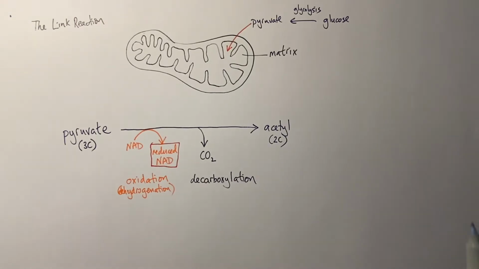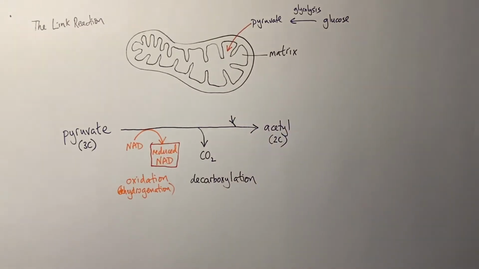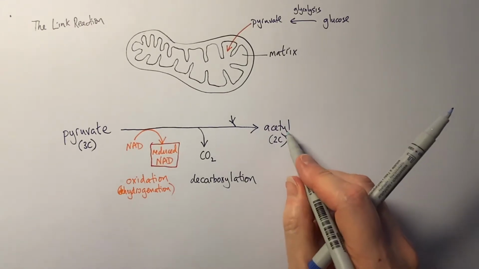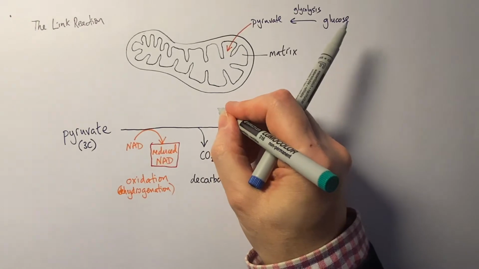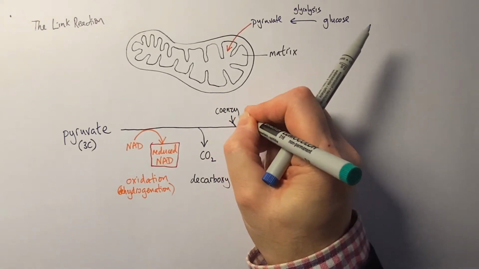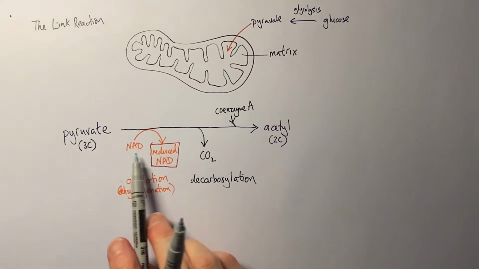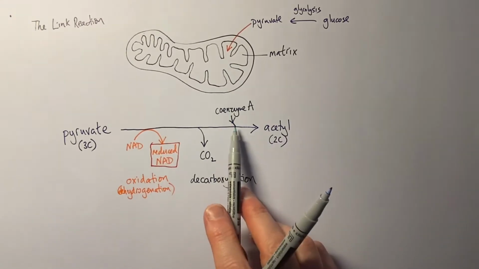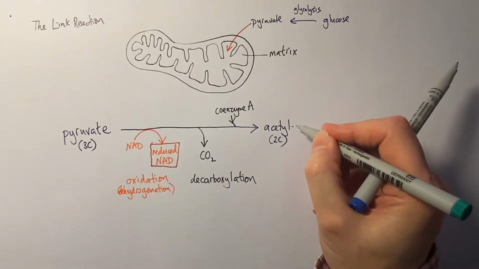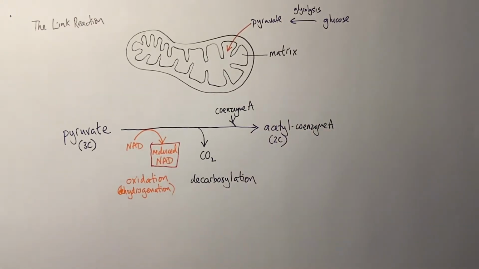So what we have coming in to the link reaction is another coenzyme, and its job is basically to hold on to acetyl groups and then release them. And that coenzyme has got an easy name to remember. It's called coenzyme A. So what happens is these two processes take place, which forms the acetyl group. Coenzyme A comes in and joins on to the acetyl group.